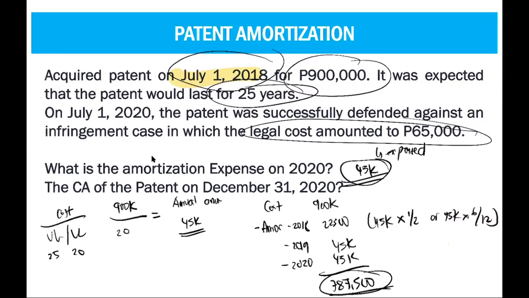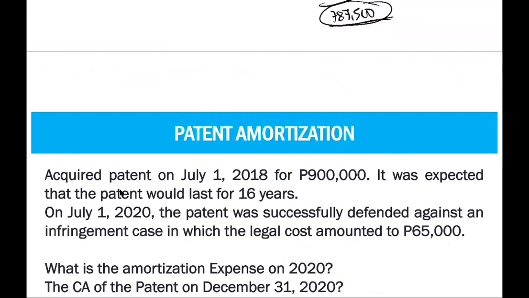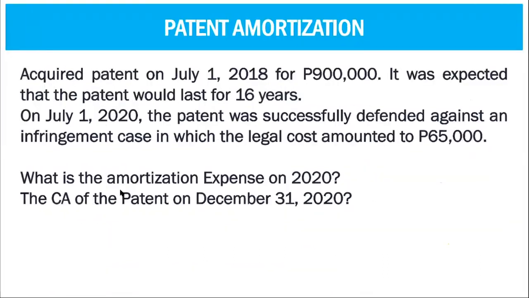I hope you understood this example. So it's just a simple amortization. Next, here the useful life is 16 years. Okay, so almost the same, but the difference is the useful life. So the useful life is 16 years and the legal life is 20 years.